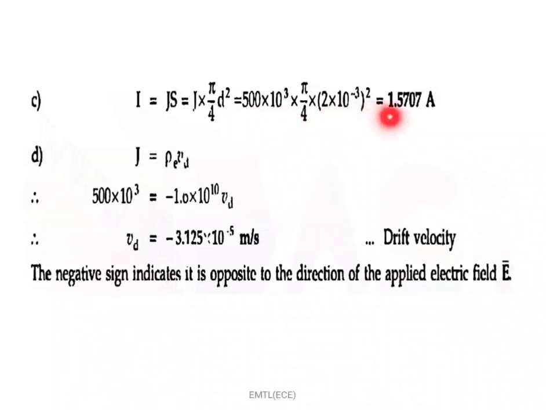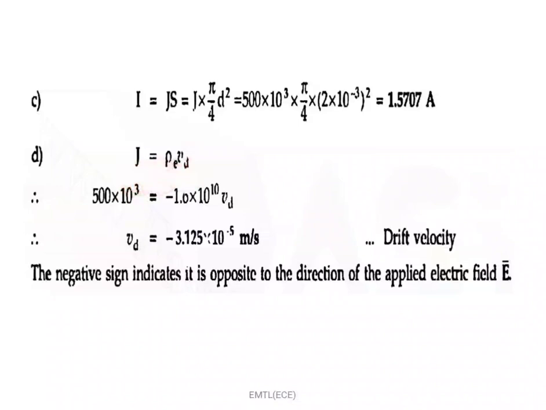By calculating this value, finally we get the current value 1.5707 amperes.